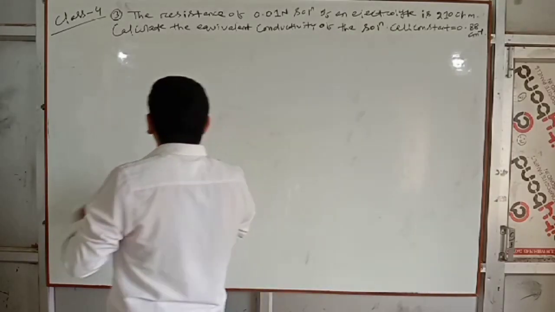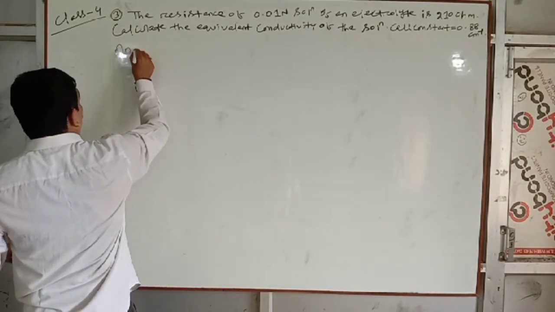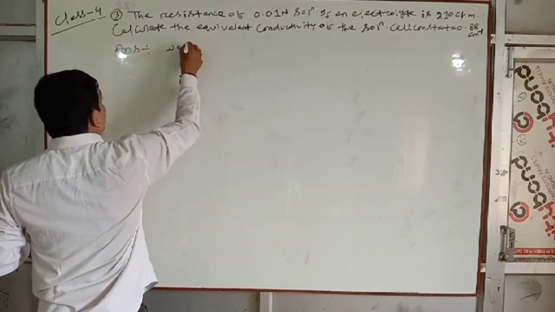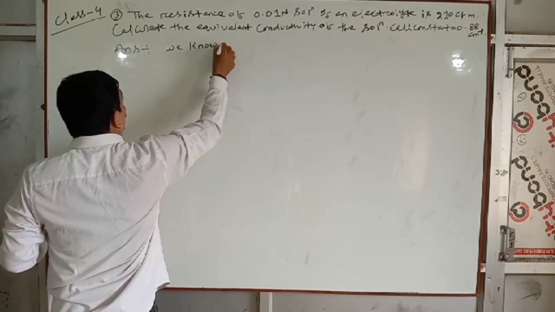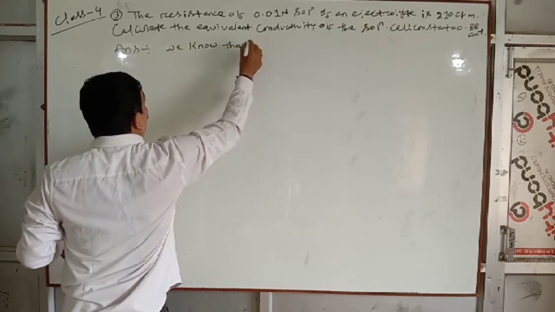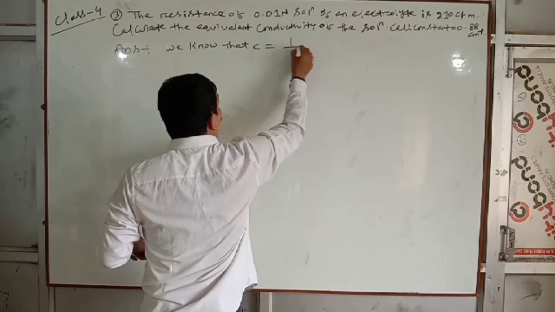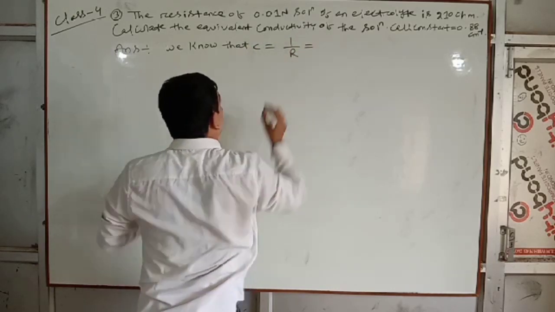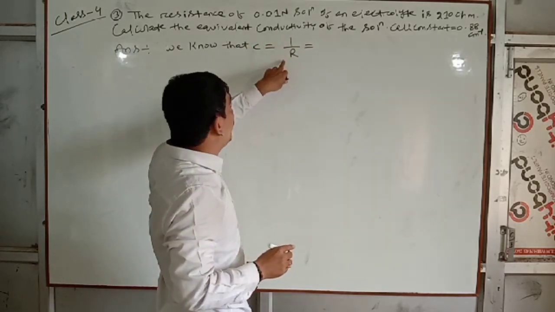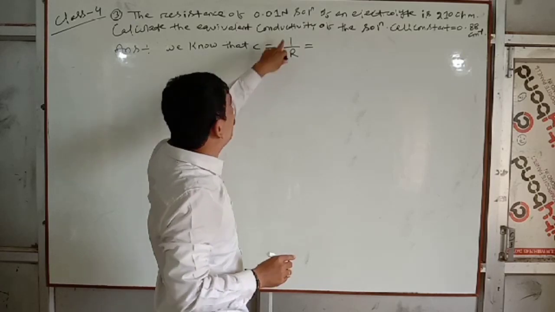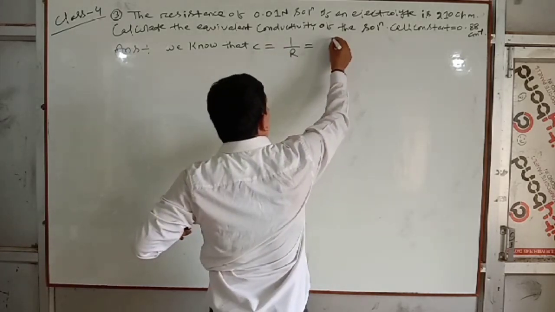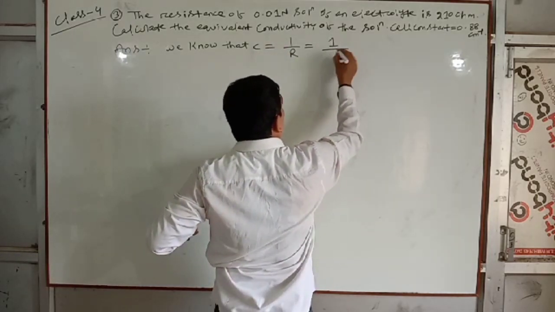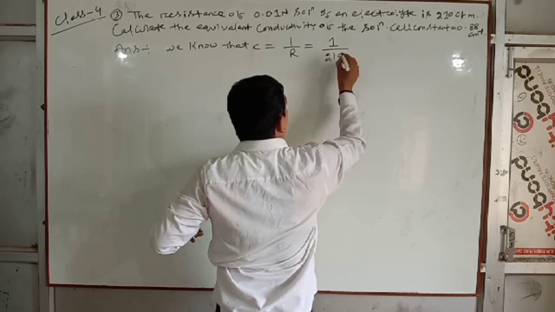So first we know that C equal to 1 by R. Conductance equal to 1 by resistance. 1 by 210.